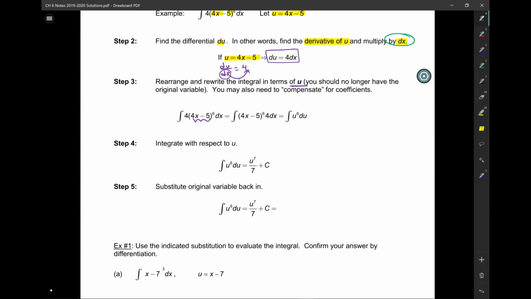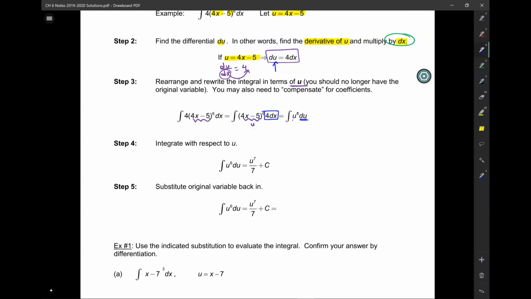Look at this: I move the 4 over here in front of the dx. Why? You'll see now why. This inside we said was u, correct? And what did we say 4 dx is equal to? du from up here. So now I have 4x minus 5, that's just u to the 6 du.